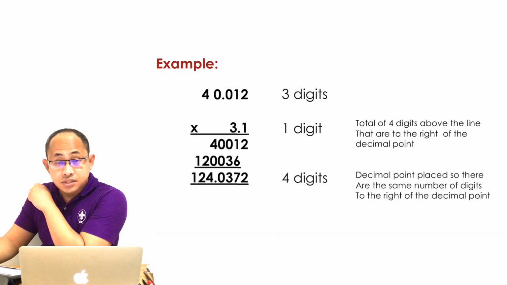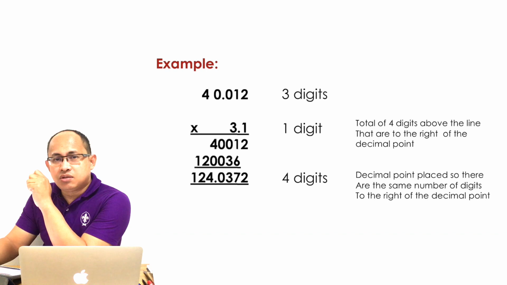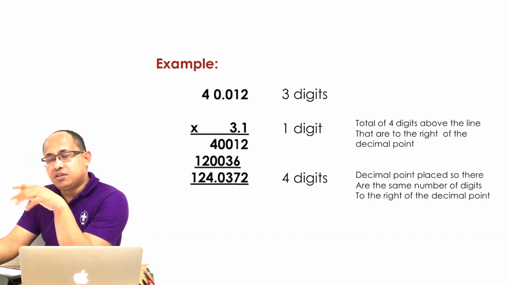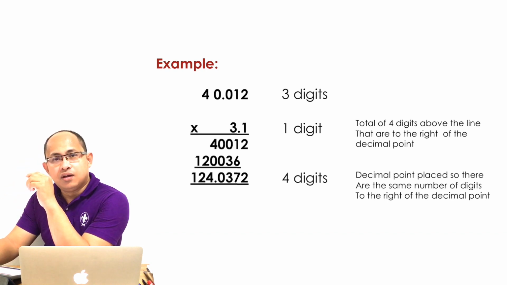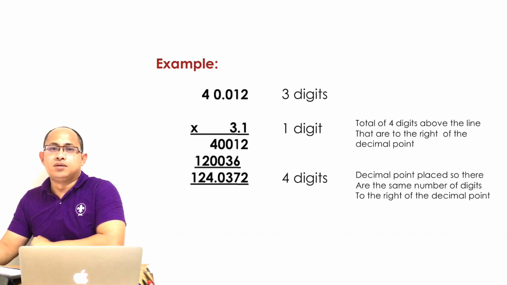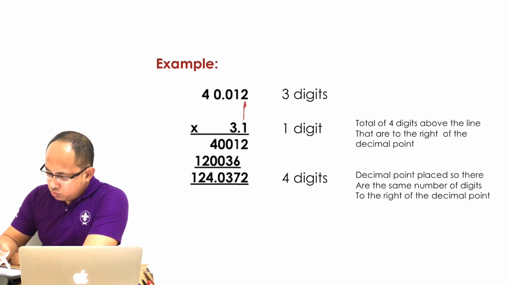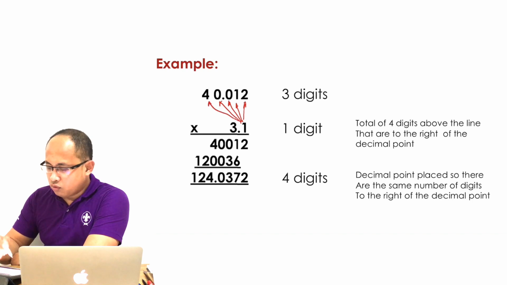40.012 times 3.1. Again, unlike addition and subtraction where you need to align the decimal point, here it's okay. You're going to multiply the numbers as if they were whole numbers. So you have 1 times 2, 1 times 1, 1 times 0, 1 times 0, 1 times 4.